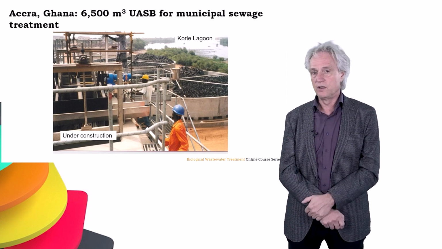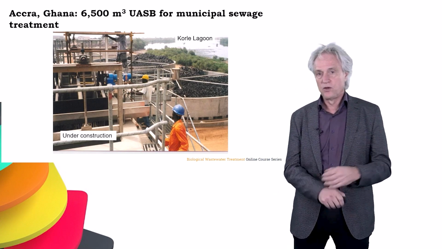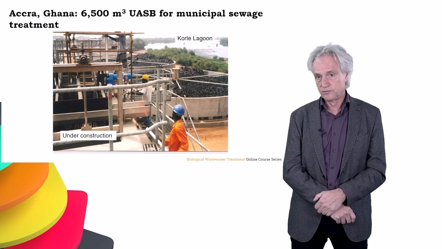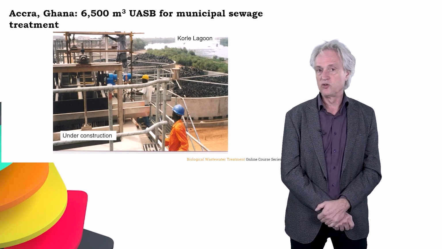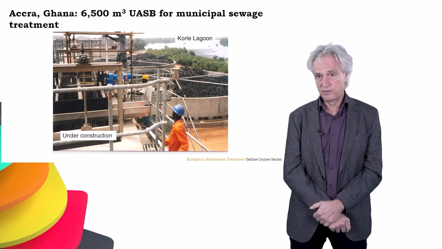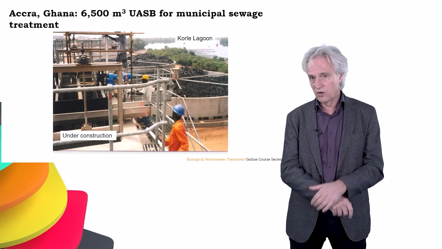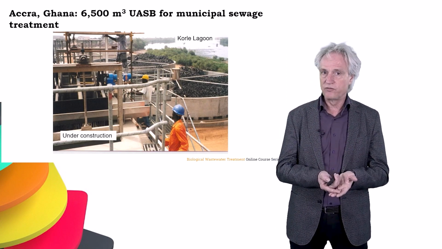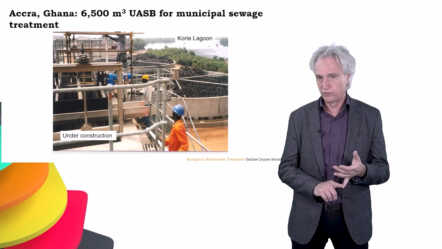We were involved in the construction of this anaerobic sewage treatment reactor in Accra, Ghana. It was a 6,500 cubic meter USB reactor for the municipal sewage treatment at the center of Ghana. The reactor is located just next to Kola Lagoon, and the reasons they went for an anaerobic reactor were multifold.